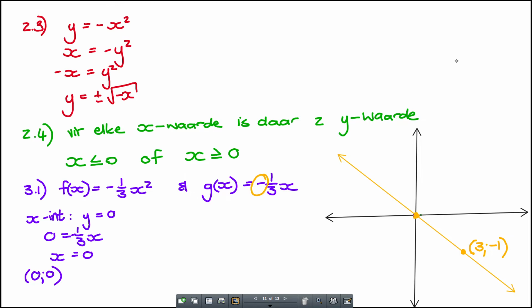So, your parabola, en ek weet nou nie van daai punt nie, kom ons gaan kyk gou wat is hy as ek vir x 3 gaan instel. If x is 3 squared, then that will be minus the third times 9.